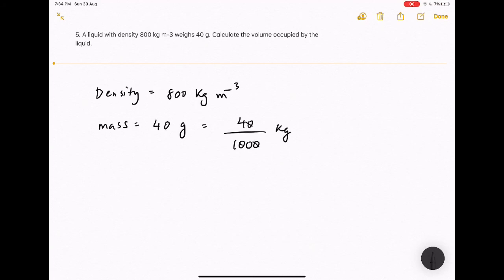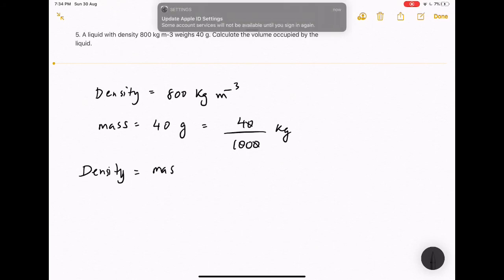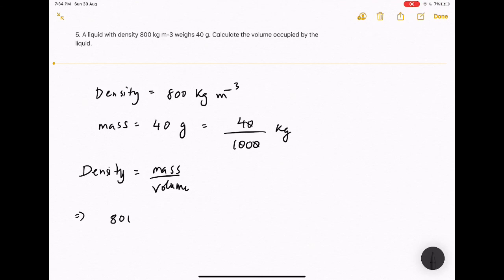So this is, let's say, 4 by 100 kilogram, and we know that the formula of density is equal to mass by volume. So substitute the value of density as 800 kilogram per meter cube, that is equal to mass, which is 4 by 100 kilogram, by volume.